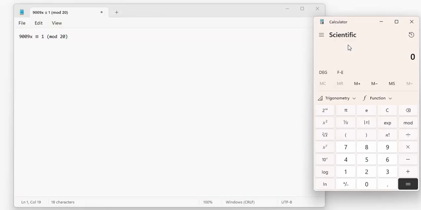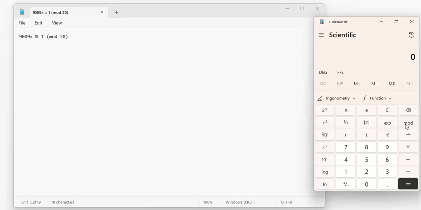So I'm using Windows calculator, which actually allows me to immediately calculate mod, but I want to show this using a regular calculator that you are allowed to bring to the exam hall, how to calculate remainder.